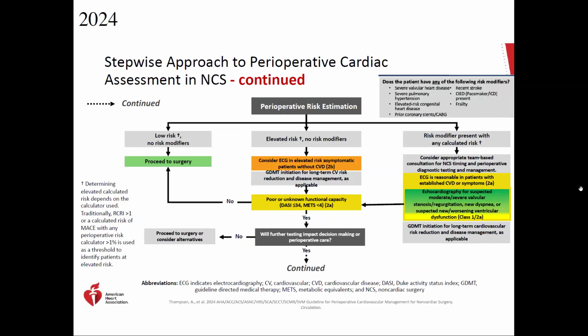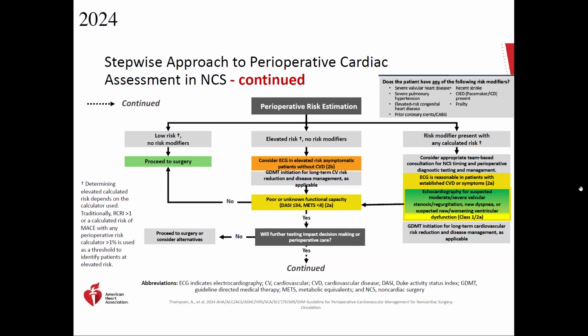If they have critical AS, severe pulmonary hypertension, or elevated risk congenital heart disease, there's a slide for that later, but it means not like an ASD repair when they were a kid and the heart's normal. It's like a Blalock-Taussig shunt or something, where they're not back to normal. If they have a pacemaker or AICD, or a PCI, which is a lot of patients, they're going to go along this pathway here.